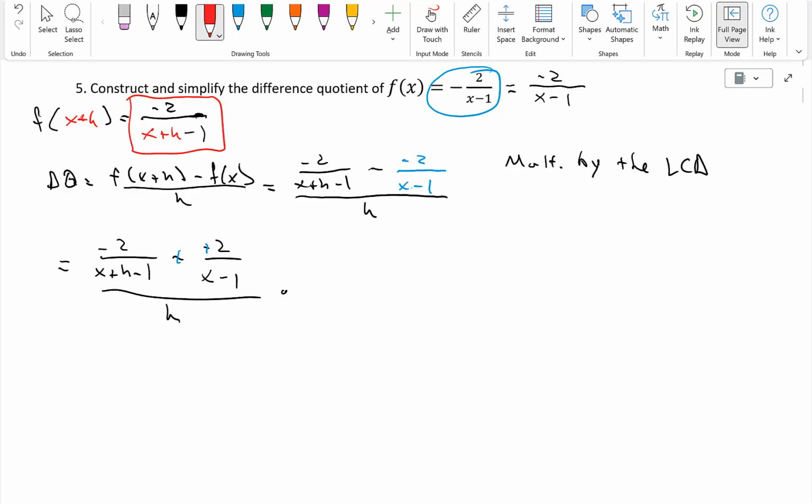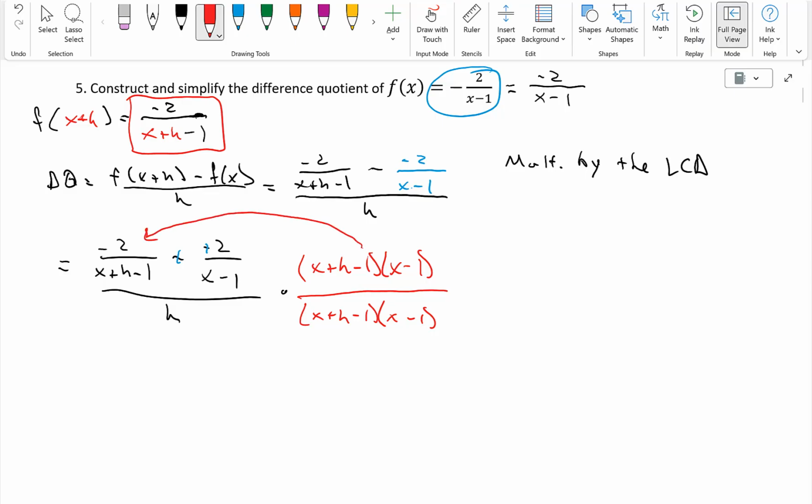We had fractions with x plus h minus 1 and x minus 1 in their denominators. So we're going to use those, or that product, to make our LCD. We multiply it to the whole numerator and whole denominator of our complex fraction to clear out all the denominators as we multiply through.